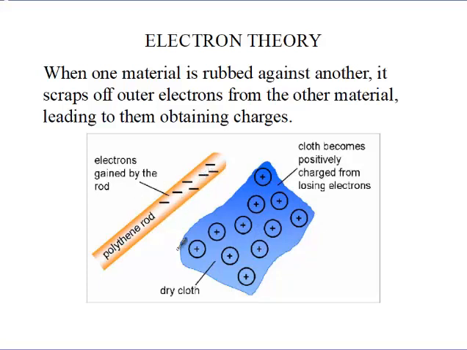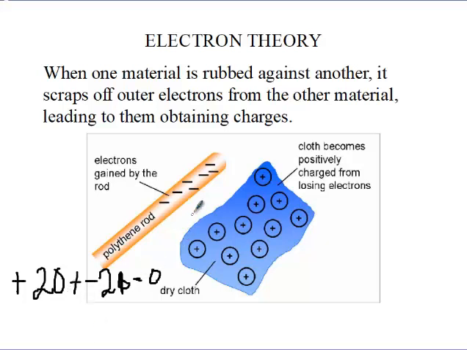So let's assume this polythene rod had 20 protons and 20 electrons. So plus and minus 20. When you add positive 20 to negative 20, you get 0.